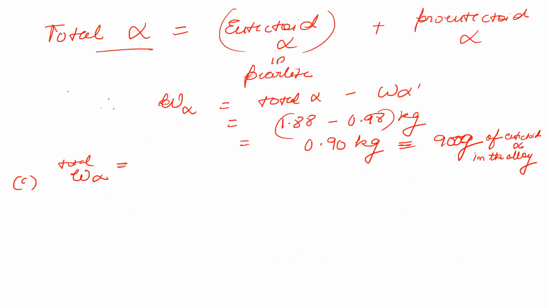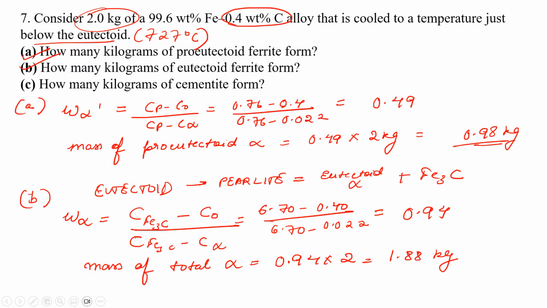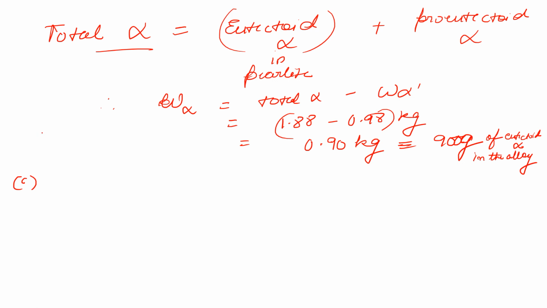So the total amount of cementite forming will be inside the pearlite phase, because the pearlite phase consists of eutectoid alpha, which we have calculated, and the cementite phase. So we need to apply the lever rule: C naught minus C alpha divided by Fe3C minus C alpha.